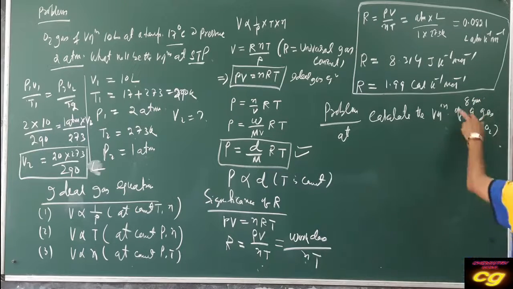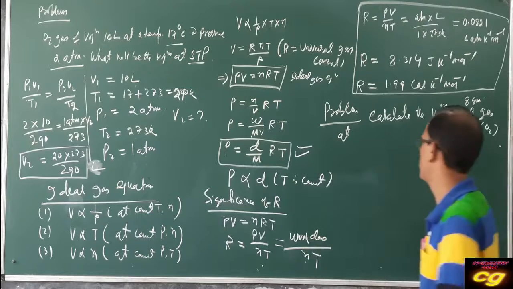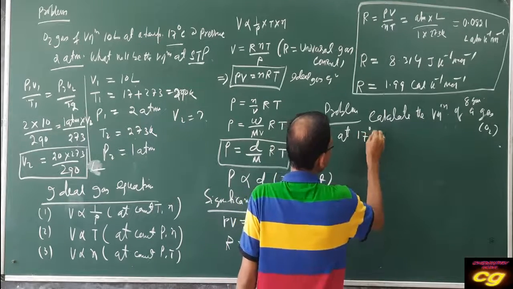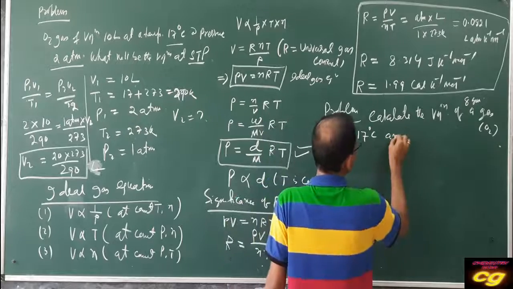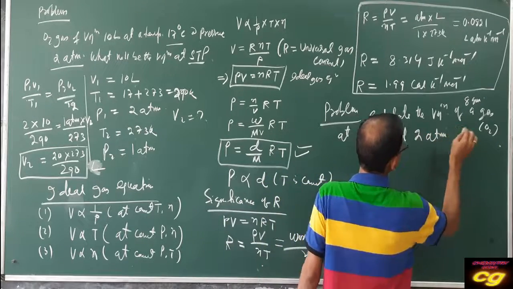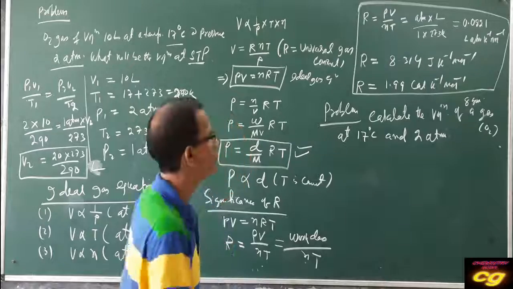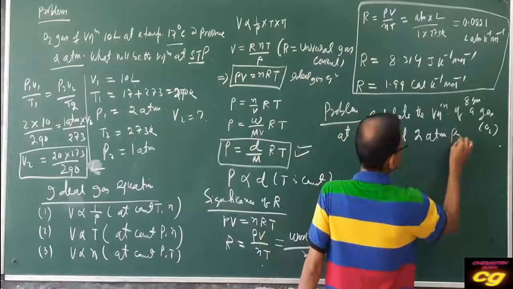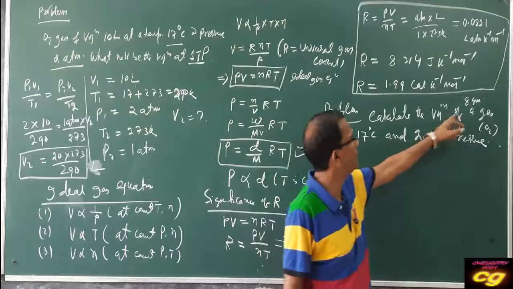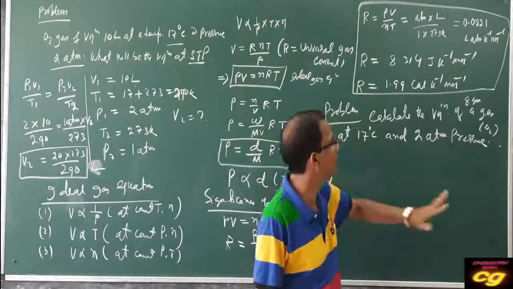Calculate the volume of 8 gram oxygen gas at 70 degrees Celsius and 2 atm pressure. You see the data. Calculate the volume of the 8 gram oxygen gas.